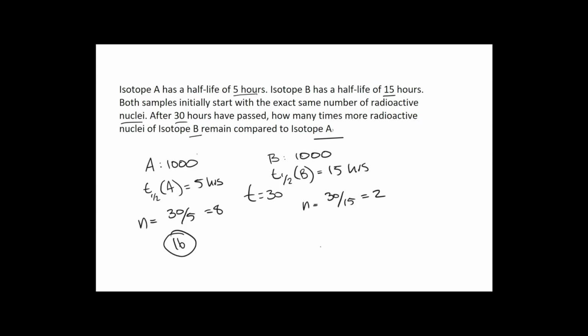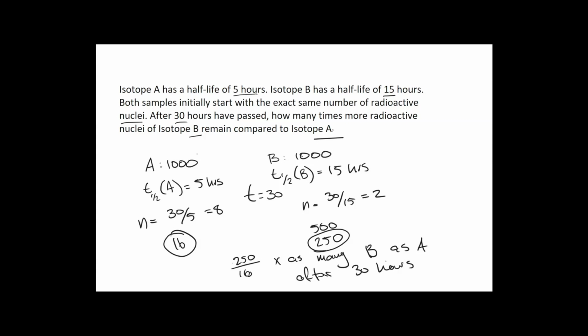So after one half-life, it's going to be 500. After 2 half-lives, it's going to be 250. Oh, there is going to be 250 divided by 16 times as many B as A after 30 hours.